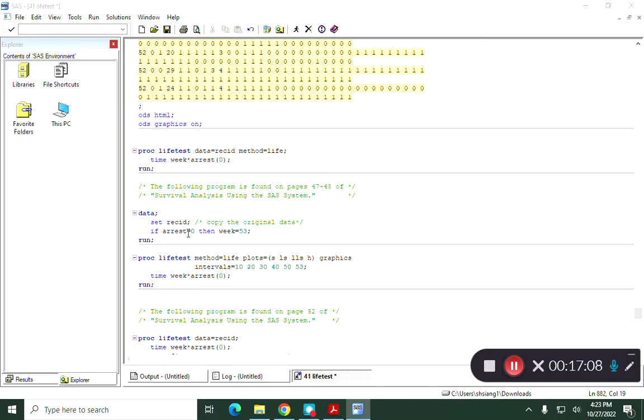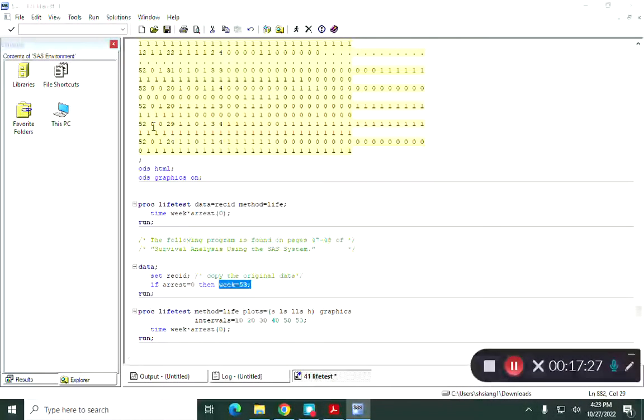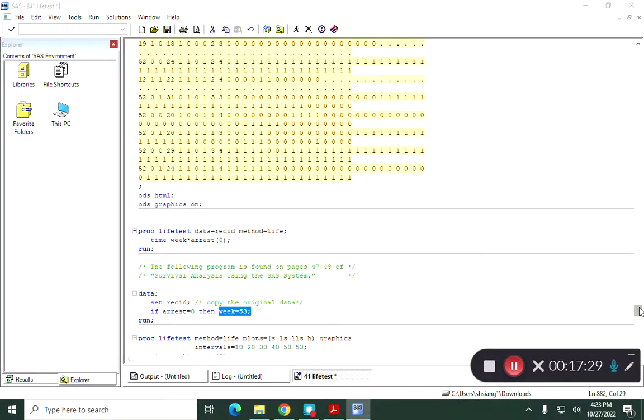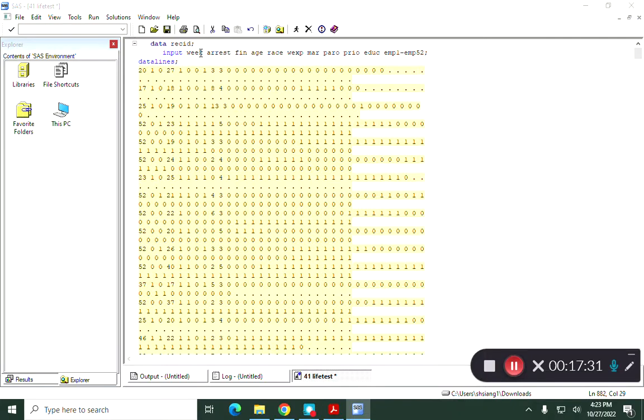We want to say this: if he's not got arrested, so the arrest data is 0, he never gets arrested again, then the week equals 53. Okay, we change the data set basically here. Let's go back here. If arrest is 1, then there's no way it's going to be 53.